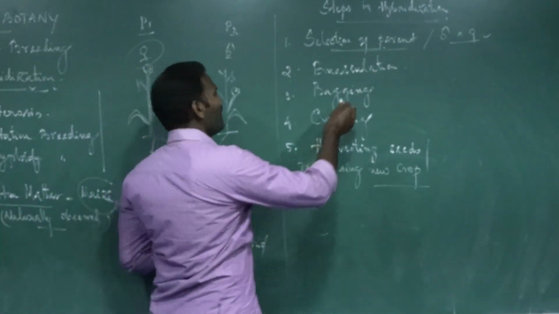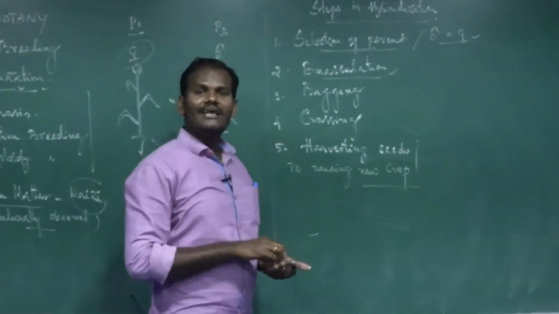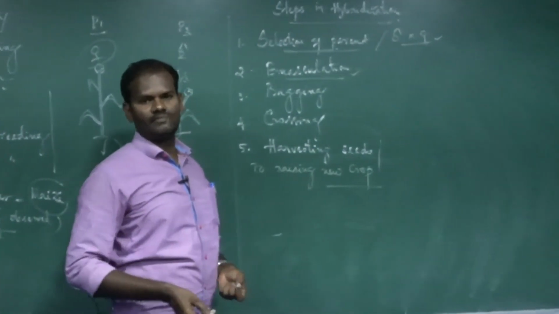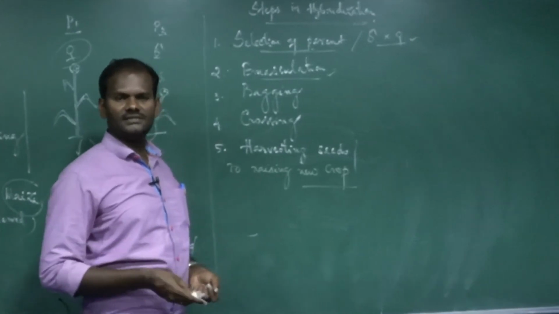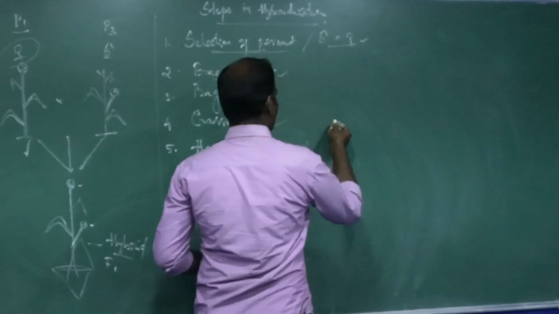The second one is emasculation. What do you mean by emasculation? The process of removal of anthers in the bud condition to prevent self-pollination. See, it is a flower.